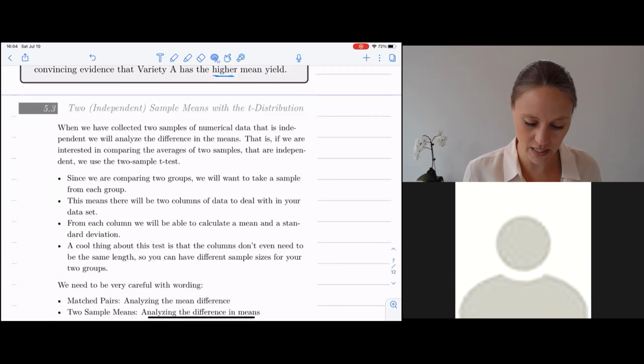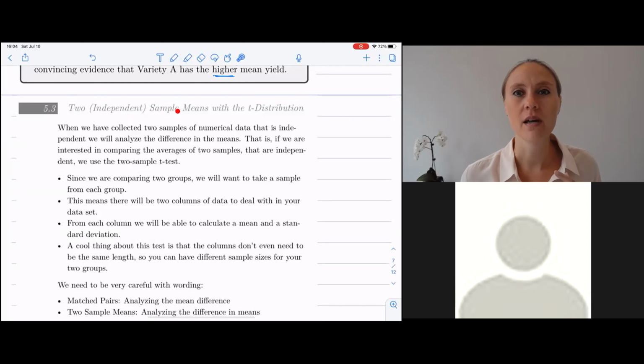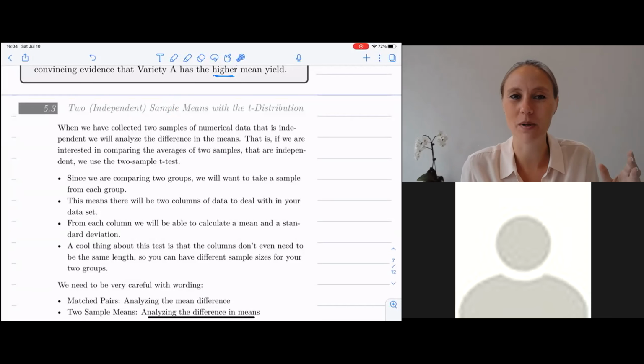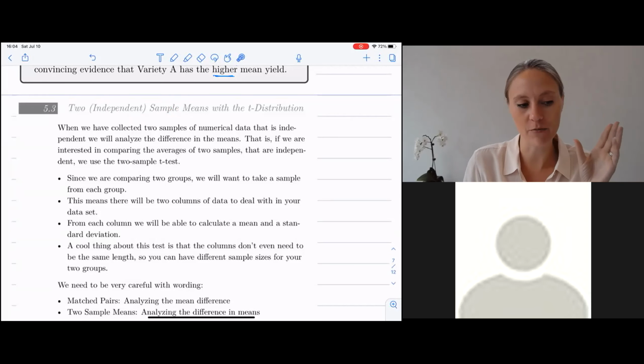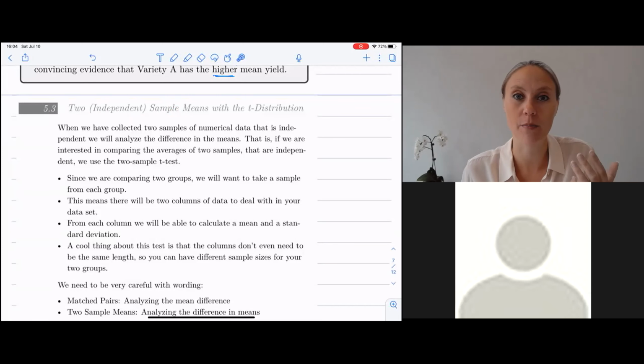Okay, so like I was saying, the two independent sample means is what we've been building up towards, and it's the one that you're probably going to use in real life. It's kind of weird to think about going back to the one sample mean, where you have one sample and want to compare it to a number.